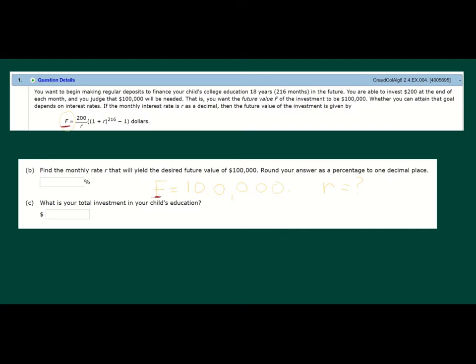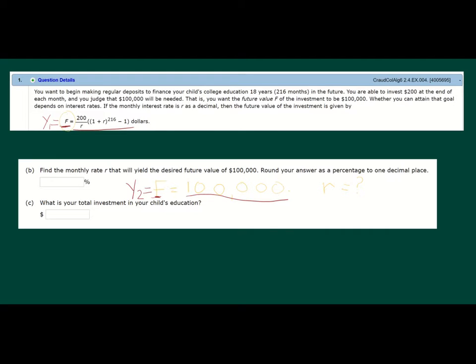So the way we use the crossing graph method is in our calculator, we let Y1 equal 200 divided by R, and so on, this whole equation here for F. Then in our calculator, we let Y2, a second function, a second graph, be equal to the other value that F has taken on.